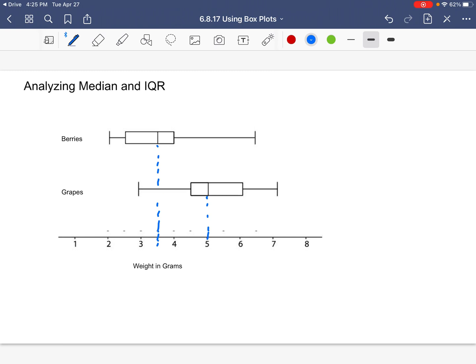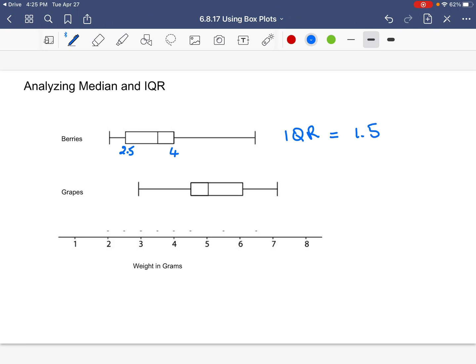Something to note about both of them is that their interquartile range is the same. So if you look here on the berries, this is at 2.5 and the upper end of the interquartile range is at 4. So subtracting 2.5 from 4, the interquartile range is 1.5.